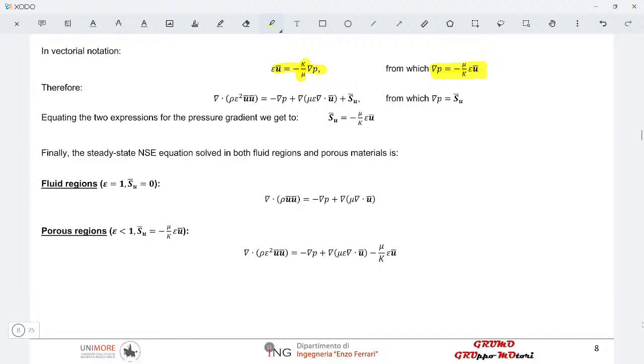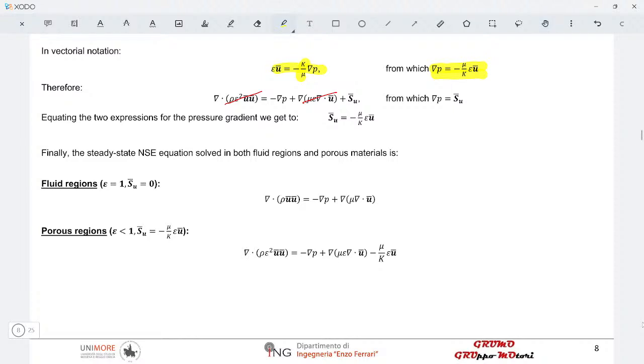Now, as we said before, if we can neglect the convection and diffusion terms in the steady state Navier-Stokes equation, which means that this and this are nullified, then we remain with this other expression for the pressure gradient: the pressure gradient equals the source term.